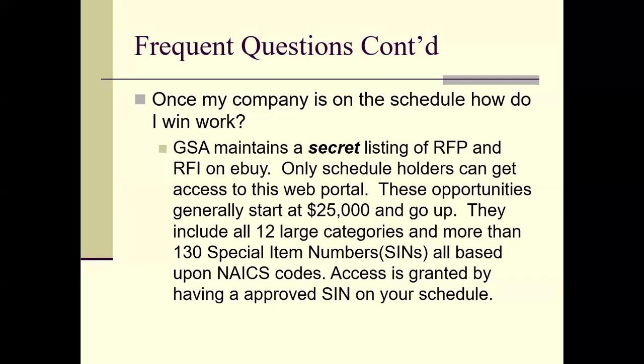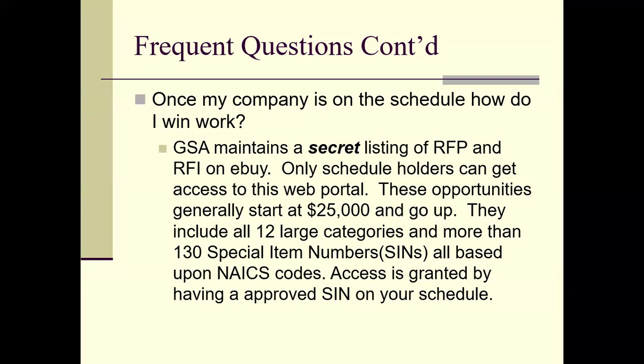So all of those NAICS codes apply to the IT professional services, but to get at it, you may have to make sure that there's a match between what you put in your SAM registration and what you're applying for. That's how GSA makes sure that you are eligible to get that particular SIN. And the only way you can get to this secret listing of RFPs is to have a schedule number and an access code to go into that area and look around.